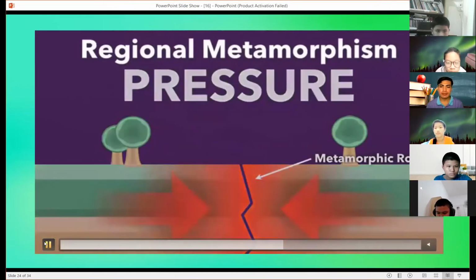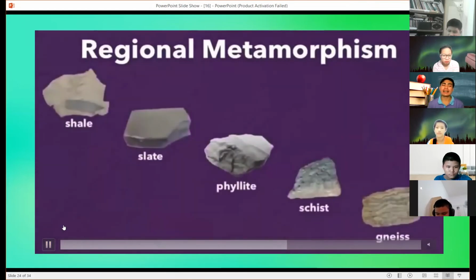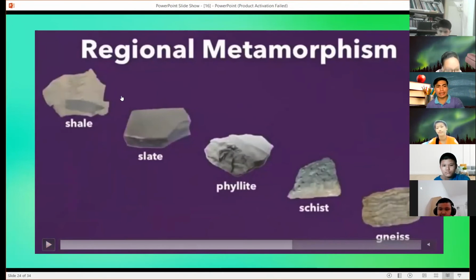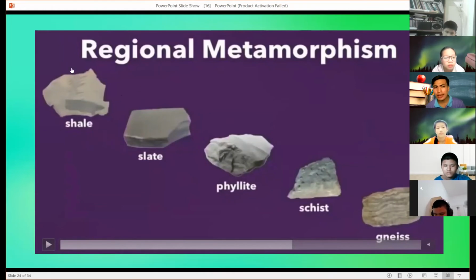That is the regional metamorphic rock. So an example here, look at this. This is very fascinating. Listen, everybody. Shale, what type of rock is shale? Shale is a sedimentary rock, right?